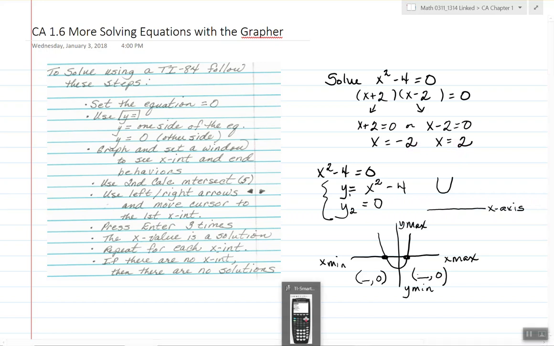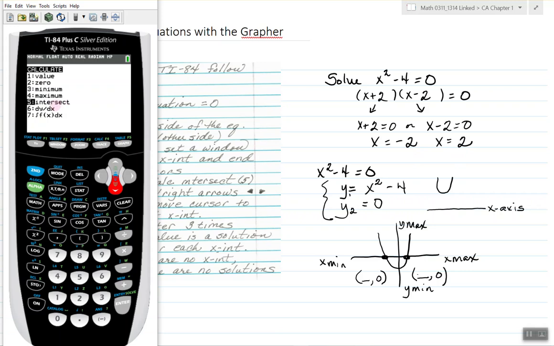So let's go back. I've chosen second calc intersect, press enter. I'm going to get the one on the left first. I'm going to use my left arrow key, and you can see the cursor moving toward that point of intersection. Get close to it. How close? No, just get close. And now press enter 3 times.